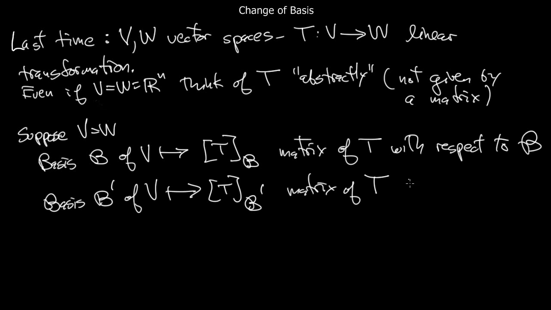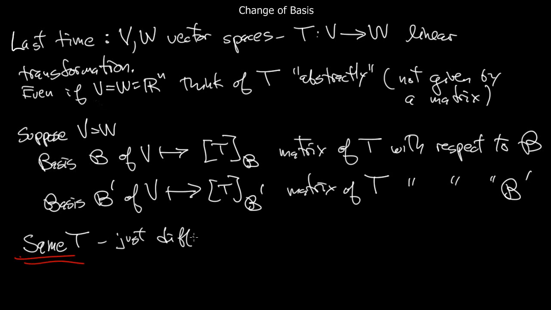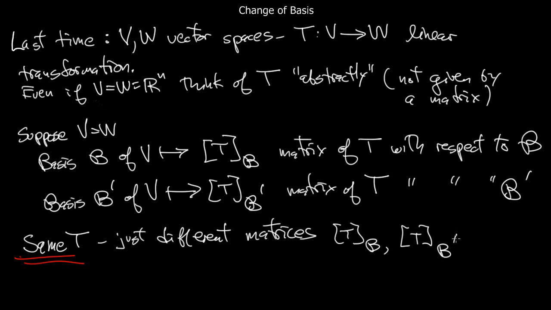And the point I'm making is that the T is fixed. The matrix is varying. So the T is an underlying constant thing. It's only these matrices which differ. That is to say, there's two different matrices, but only one linear transformation.